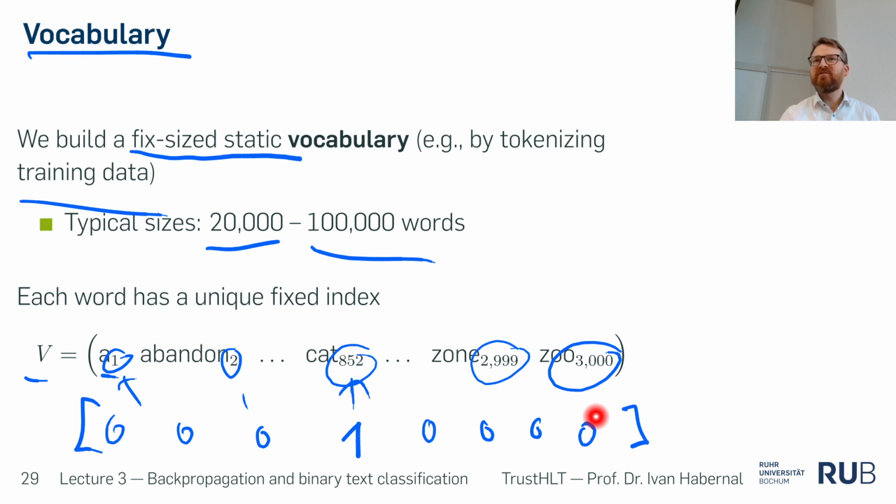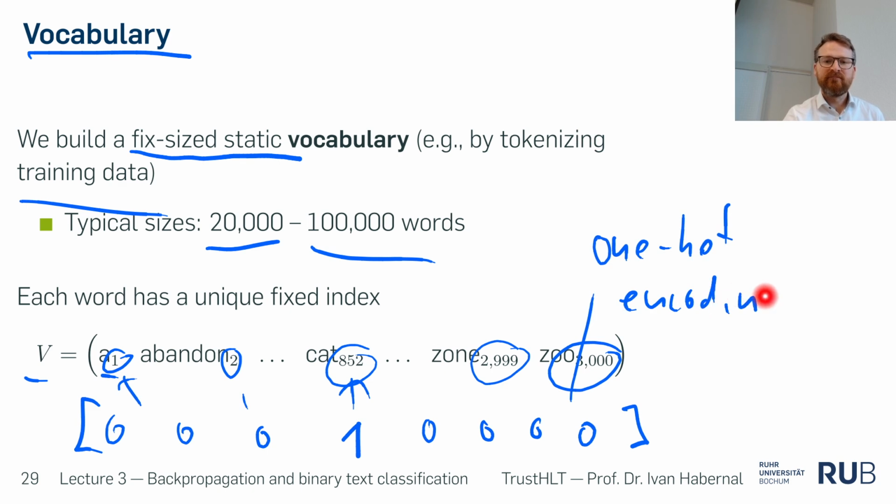Basically, the position of cat in the vocabulary will be 1, and the rest is 0. This is called one-hot encoding. Does it make sense how to represent a word as a vector? This is what this vocabulary is giving us.